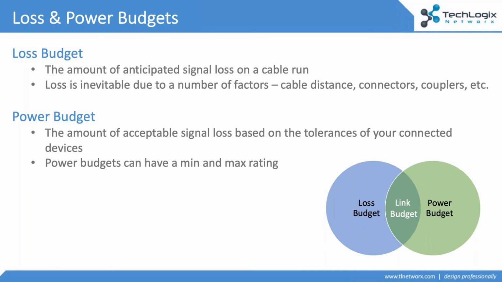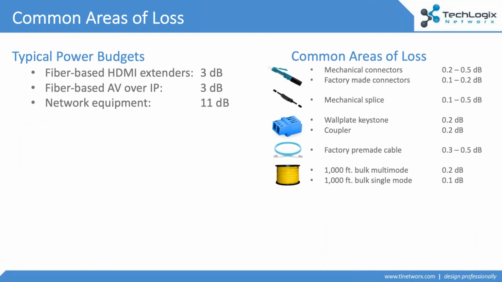You got a problem. Right? So you got to go back and redo this installation, or at least this design. You got to understand what the anticipated loss is going to be and what the tolerances of your devices are. Put those 2 things together, and that's really your link budget, the link budget that you're working with.